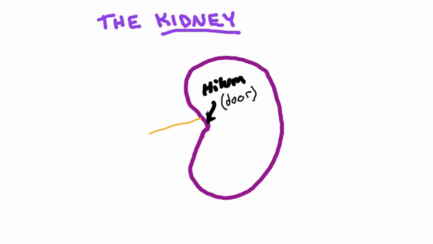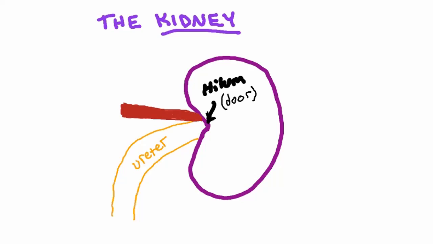Well, there is the ureter tube, and there is the renal artery. And the renal artery is coming straight from the descending aorta.